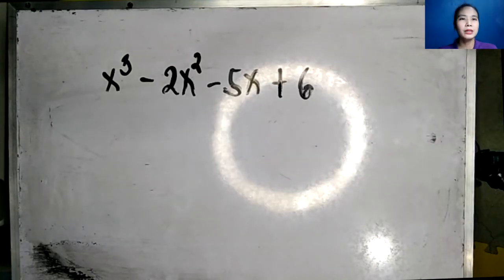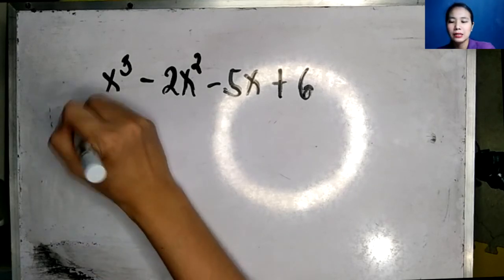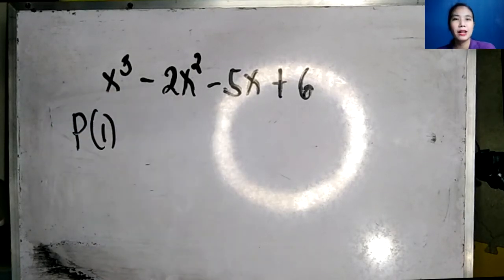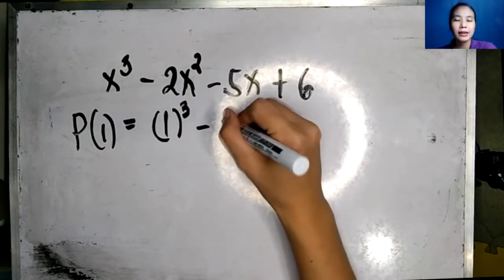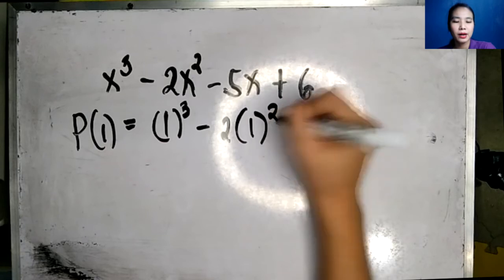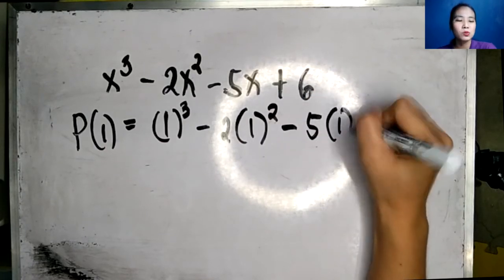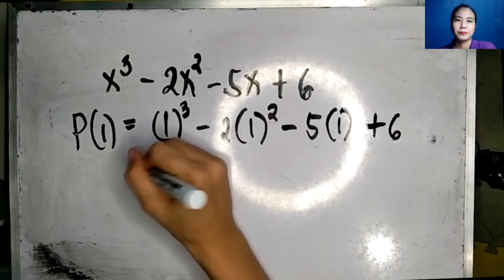Kunin natin ang huling possible factor ng ating given polynomial. Subukan naman natin gamitin ay positive 1. So let us have p of 1 as the value of x is equal to 1 cubed minus 2 times 1 squared minus 5 times 1 plus 6.